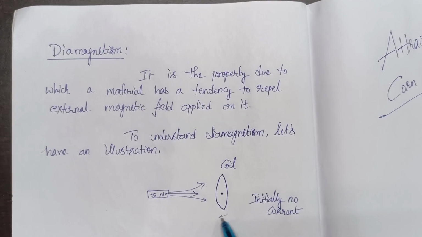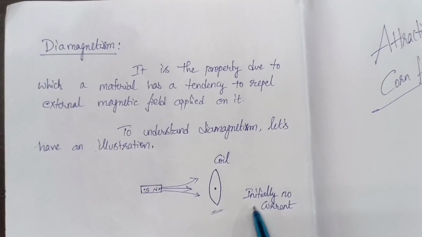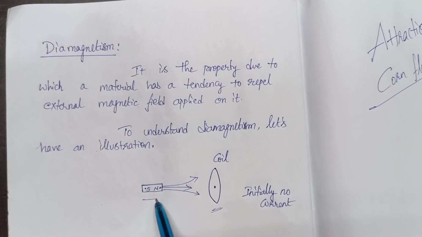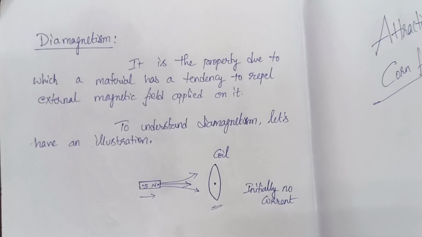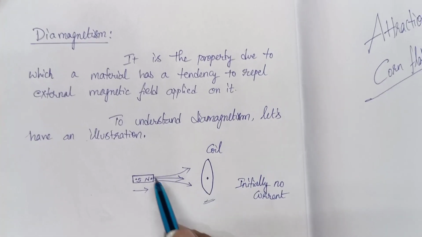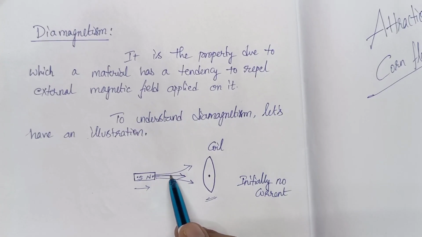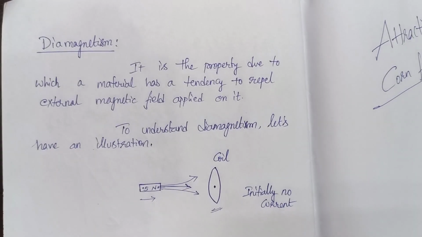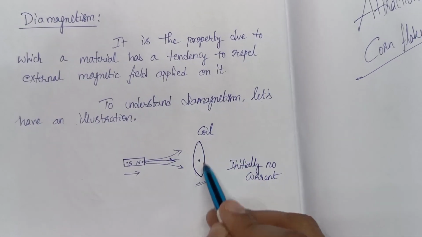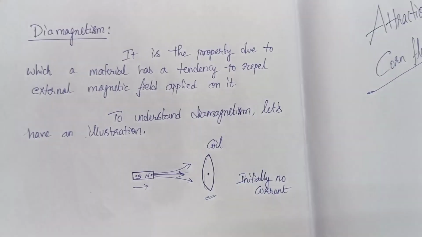We have taken a circular coil. Initially there is no current. When a magnet is brought closer, initially the magnetic moment of this coil is 0. But whenever the magnet is brought closer, the magnetic flux linked with the coil changes.